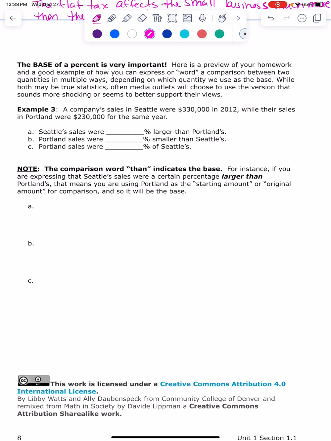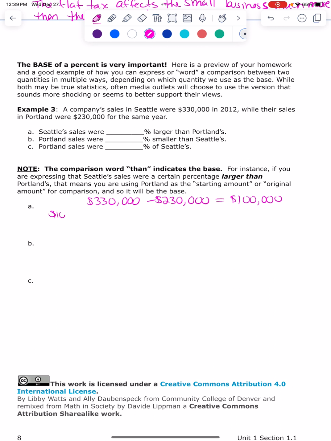But one thing we're going to need for at least two of these questions is the subtraction. Subtract the two numbers. So 330,000 minus 230,000 comes out nicely. It's just 100,000. So the first one is Seattle sales were blank percent larger than Portland's. So it's basically a percent increase.